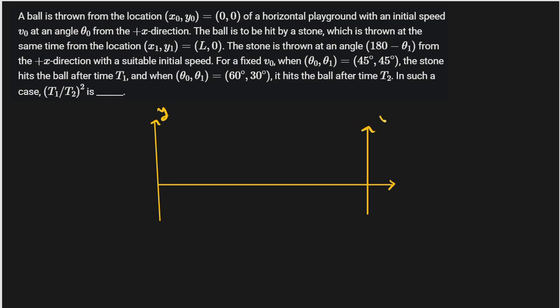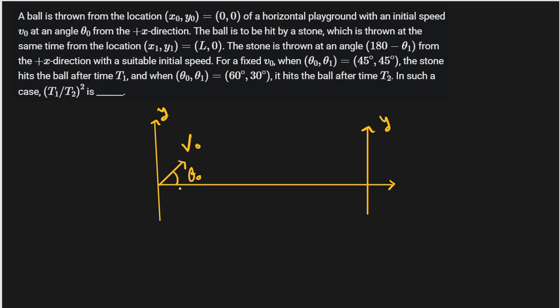This is also parallel to the y axis. One particle is thrown from here with speed v0, and this angle is theta naught.